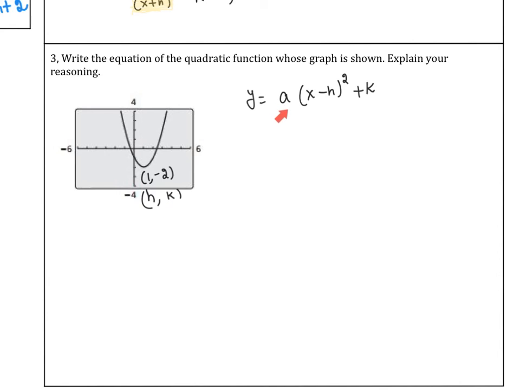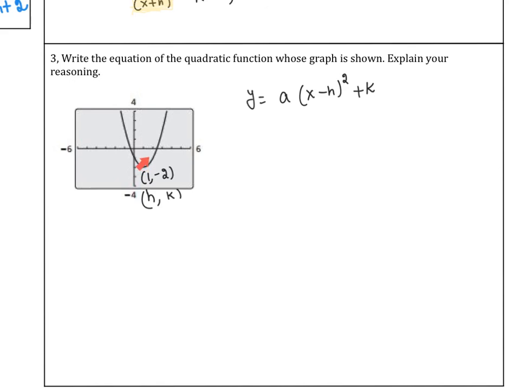Now we have to figure out the a. The normal pattern for the graph is up 1 over 1 if it is a parent graph and there is no vertical stretch or shrink. Then it rises by 1 up, 3 up, and 5 up. In this case, we can see what the next point is after negative 2.